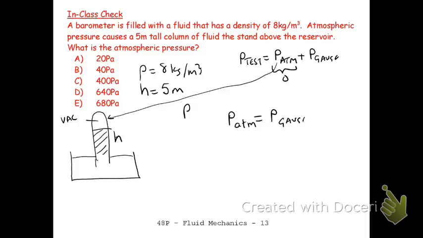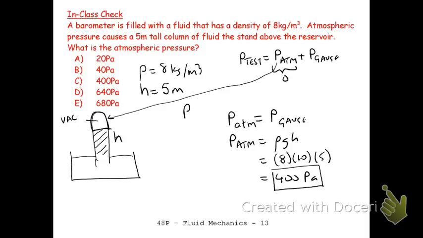And I don't know which way you prefer. Do you prefer the general solution, recognizing that this is a special case which has an atmosphere of 0? Or do you prefer remembering this is the equation for a barometer? P atmosphere is equal to rho GH, which equals, in this case, 8 by 10 by 5, which equals 400 Pascal.